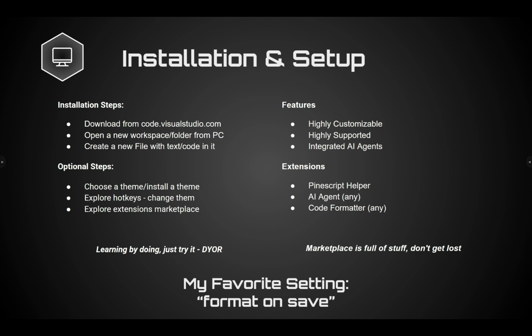I would say the most important thing you need is Control S, which is saving the file. That's it. And you can also explore the extension marketplace, which is also the theme marketplace, so both are mixed.